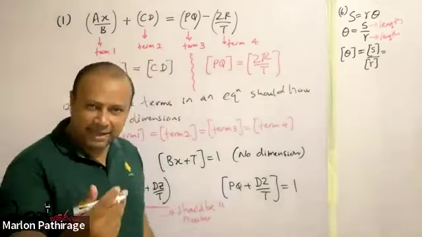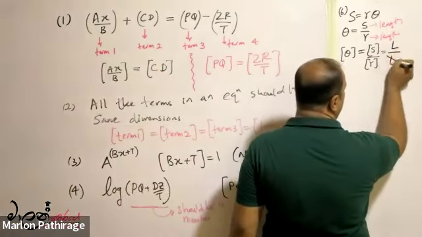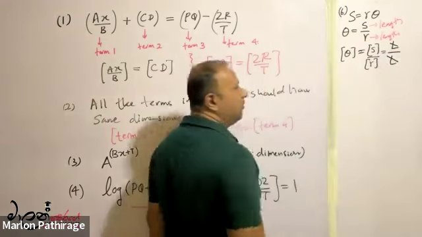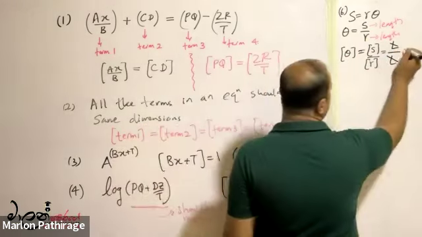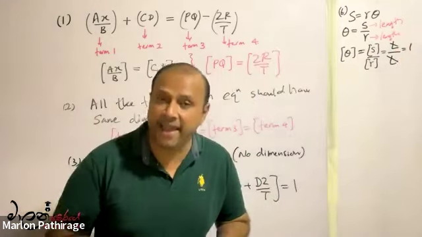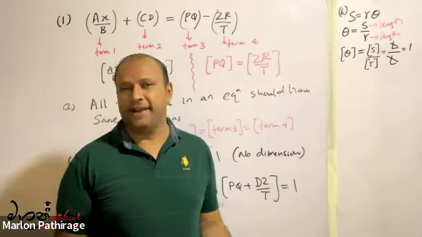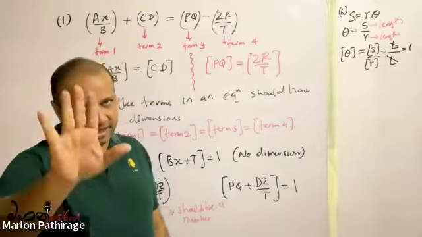The dimension of s is a length, therefore it is L. This one also is L. L and L will cancel out. Therefore, the answer is 1. That means an angle has no dimension. That is the fifth rule.